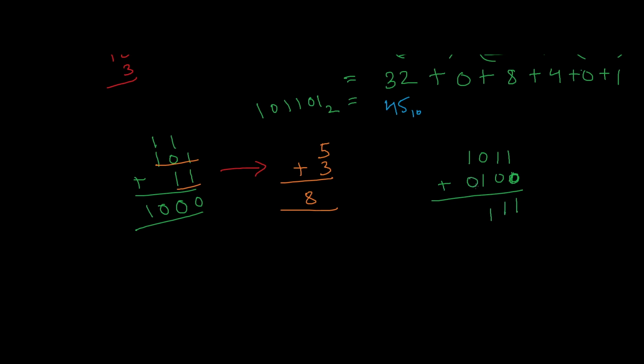And 1 plus 0, that's just going to be 1. If we want to check, this is equal to 11, I think. This is equal to 4 in decimal. And this equals 15. And if I try to solve this, it does check out. 11 plus 4 is equal to 15. So this is correct.